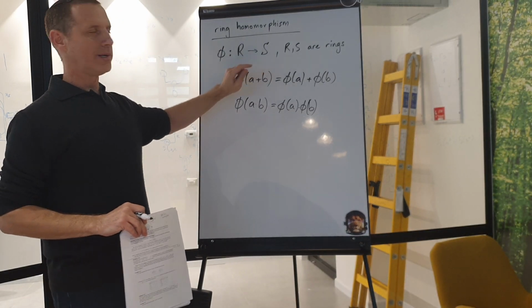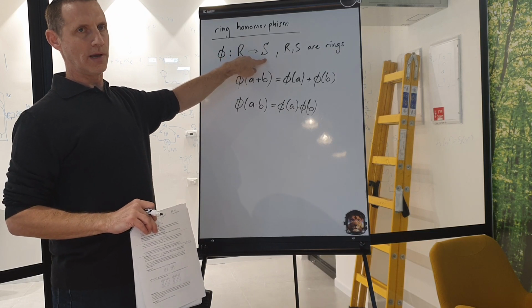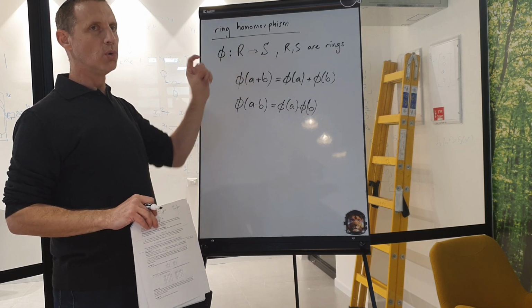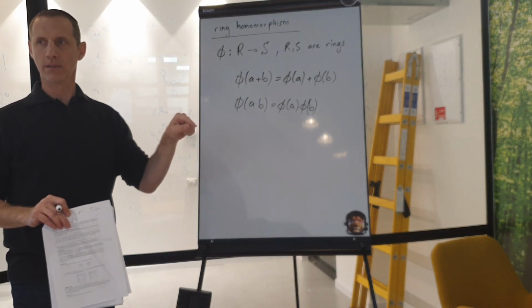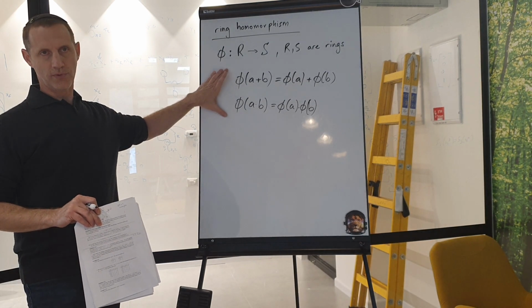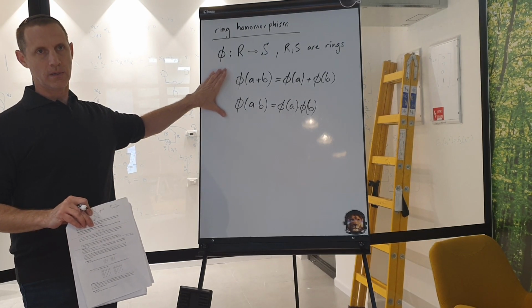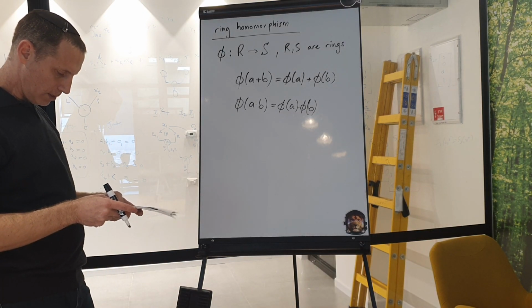So whatever structure we had on R, we will have something dual, I won't say the same, but something dual on S. This will force it. And we're going to use it in a second.